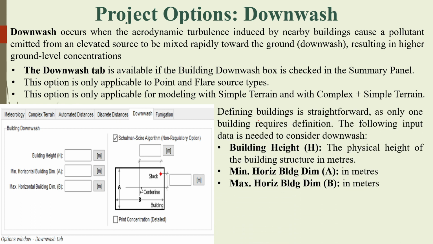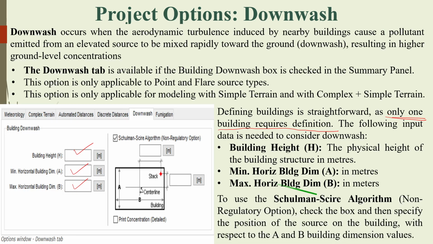Defining buildings is straightforward as only one building requires definition, and the following inputs have to be given. The building height, that is the physical height of the building structure, then the minimum horizontal building dimension and the maximum horizontal building dimension in meters.